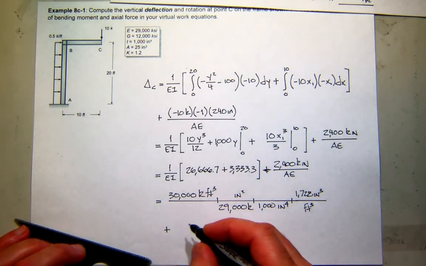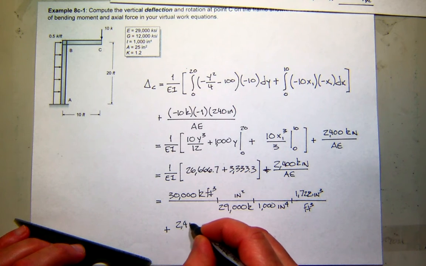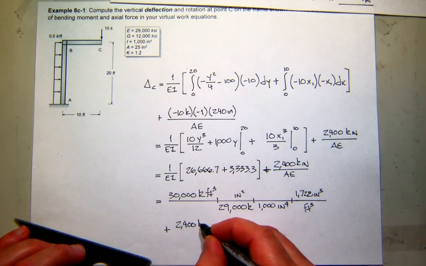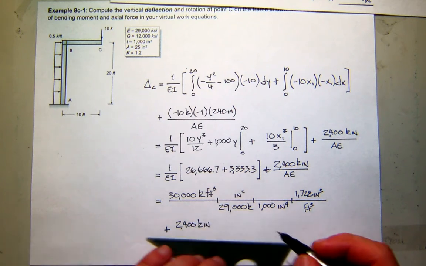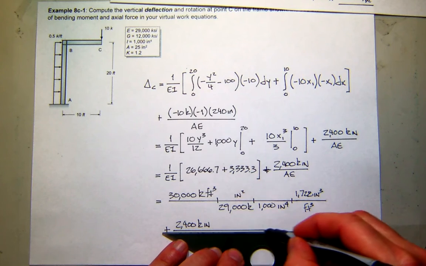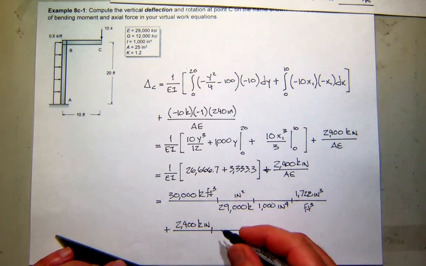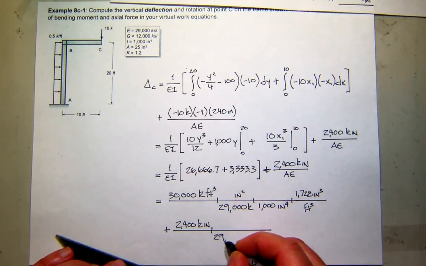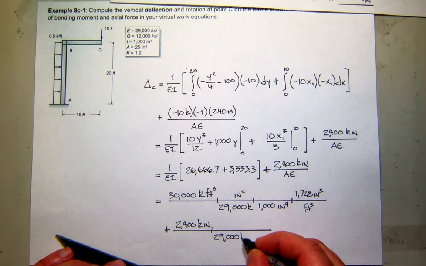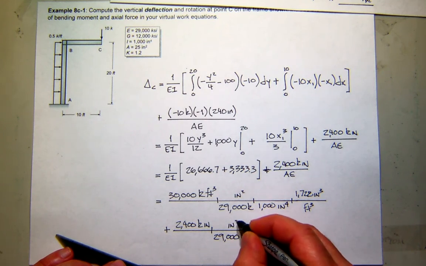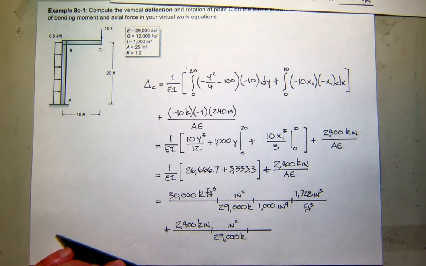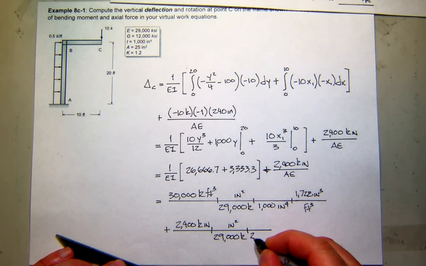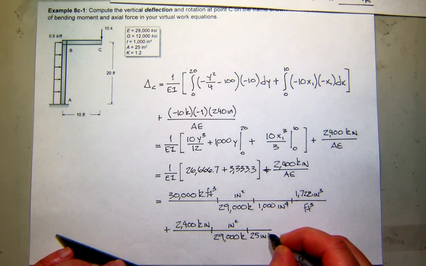Plus 2,400 kip inches divided by E, 29,000 kips per inch squared, divided by A, 25 inches squared.